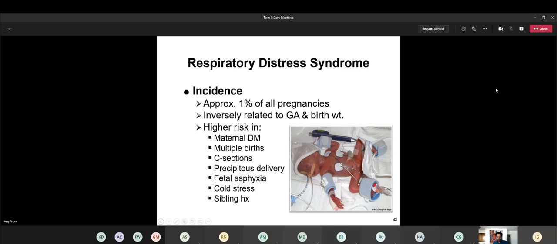That could be not good for the baby to be delivered that quickly, and not good for the mom either. So all these things that would be considered high risk will possibly lead to RDS when the baby is born.